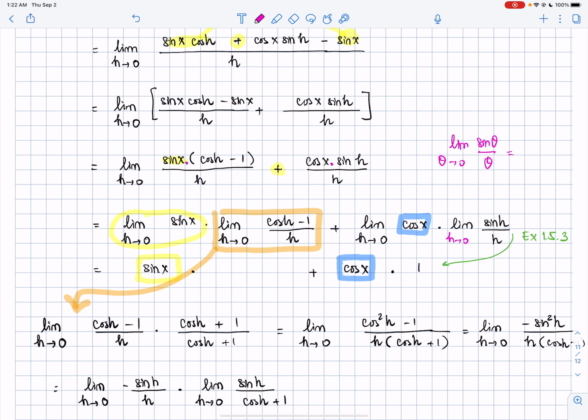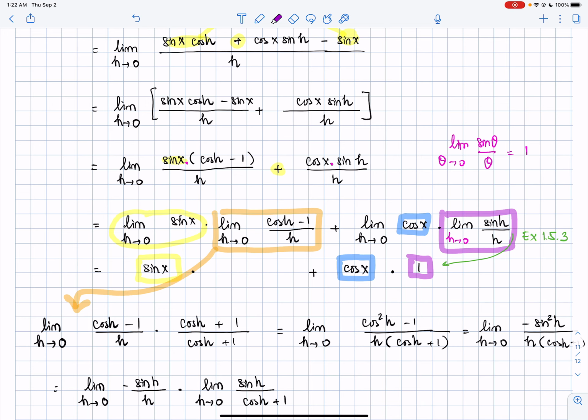In that example, we guessed that the answer approaches 1. So we write down 1 here, using section 1.5 example 3.